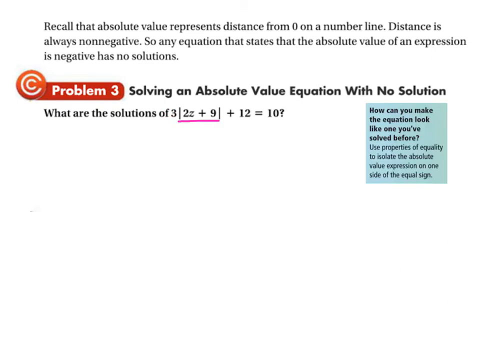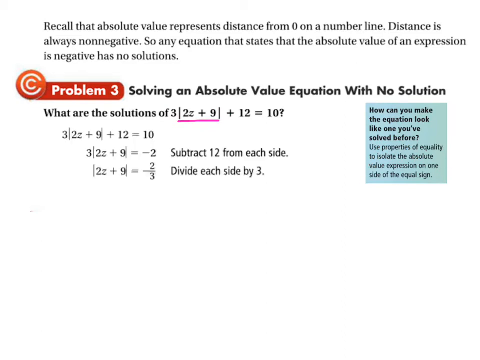How can you make the equation look like one that you've solved before? Well, we're going to use those properties of equality, subtraction property of equality, take away 12, division property of equality, divide by 3, to isolate that absolute value expression. This part that I underlined in pink, that's what we're going to isolate by itself, okay?